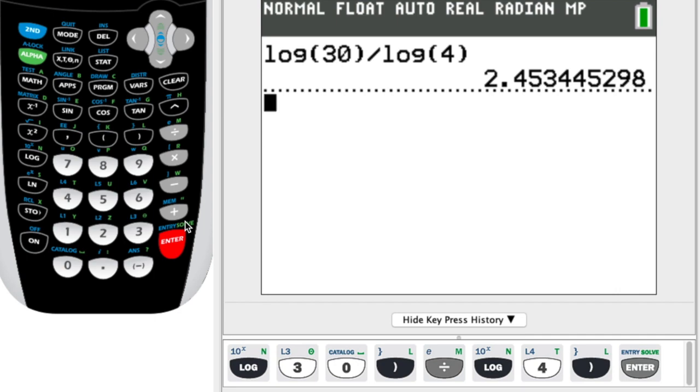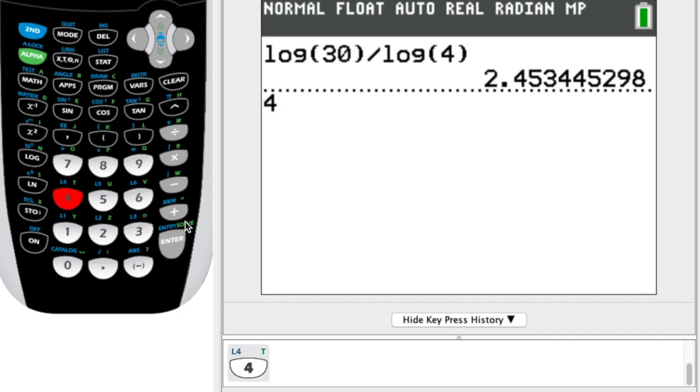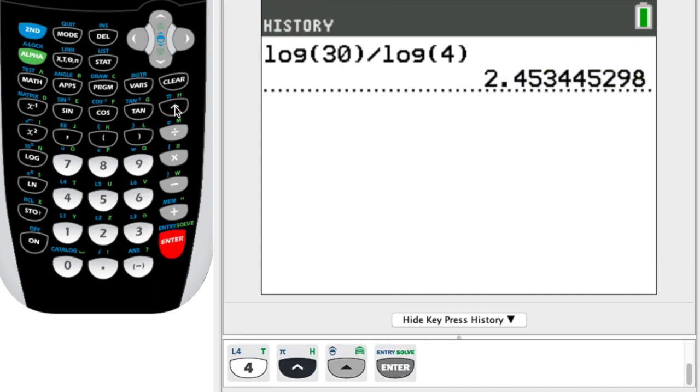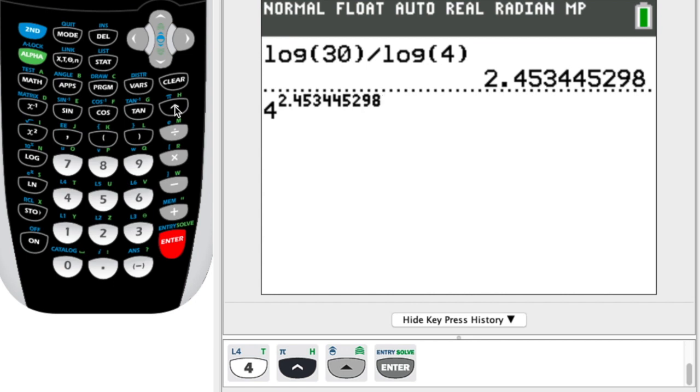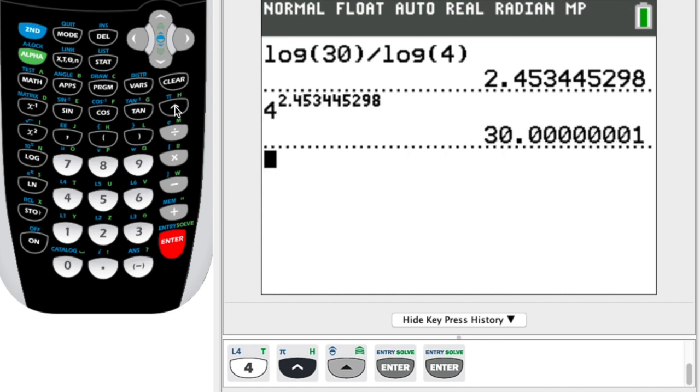If I take 4 and raise it to that value by hitting up arrow and hitting enter, notice it loads it up as the exponent, and hit enter, look at what I get. 4 to that exponent gives me 30 and a little bit extra, but it's not that bad.